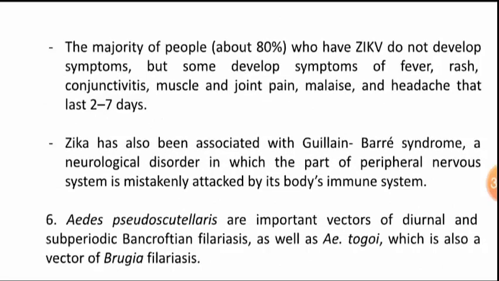The majority of people, about 80% who have Zika virus, don't develop symptoms, but some develop fever, rash, muscle and joint pain, and headache that lasts 2 to 7 days. Zika has also been associated with Guillain-Barré syndrome, a neurological disorder in which part of the peripheral nervous system is attacked by the body's immune system.